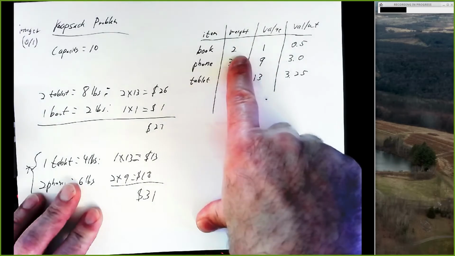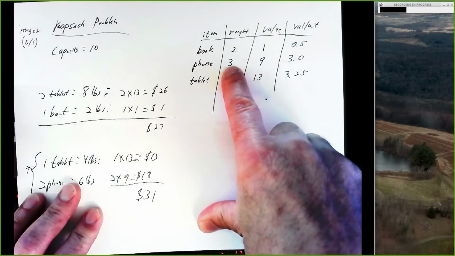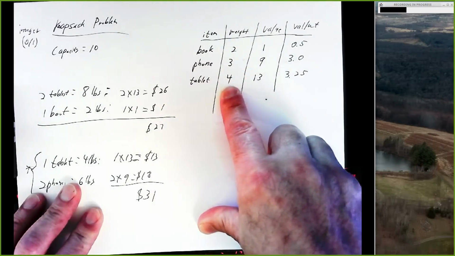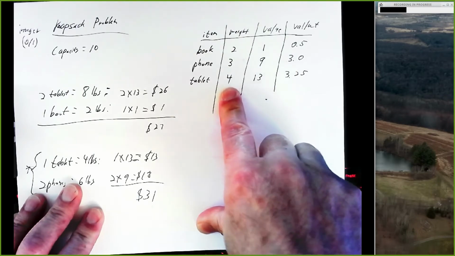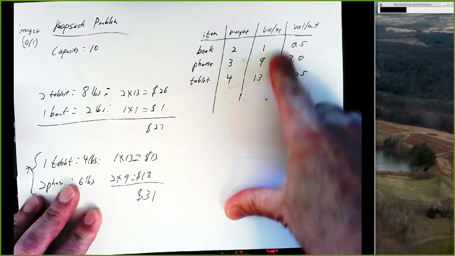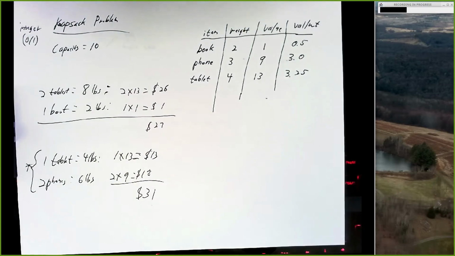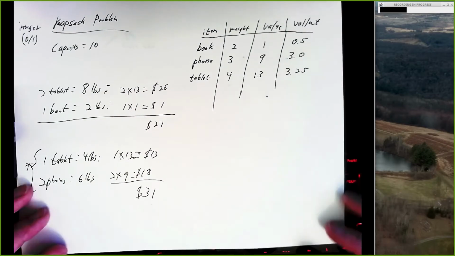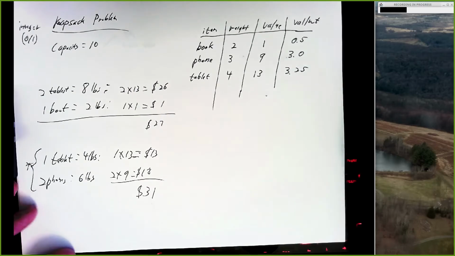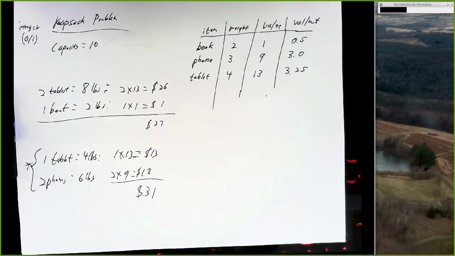Take everything from 0 up to 5 books, 0 up to 3 phones, 0 up to 2 tablets. So 3 nested for loops, and for each one, calculate the value that you get out of it and just record the maximum. That's pretty straightforward to code, but it takes a lot of calculations. If you had 100 items to pick from, you'd have 100 nested loops. And the amount of time it would take would be prohibitive, most likely.